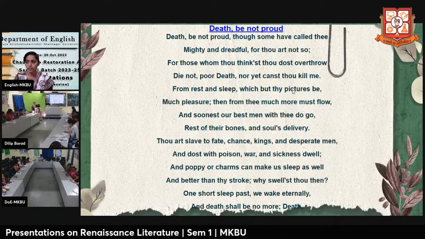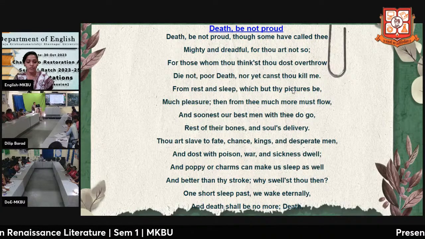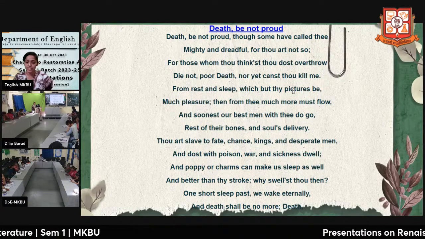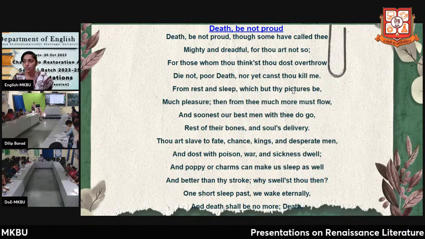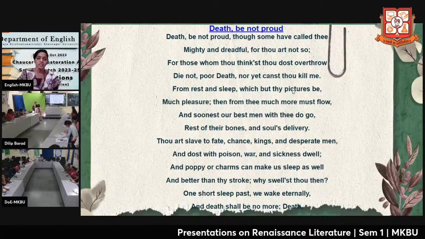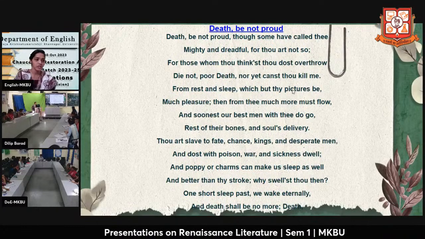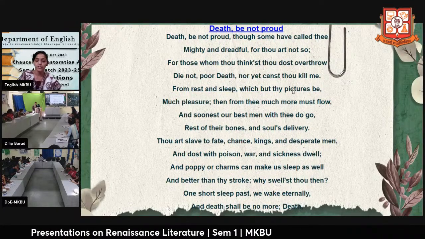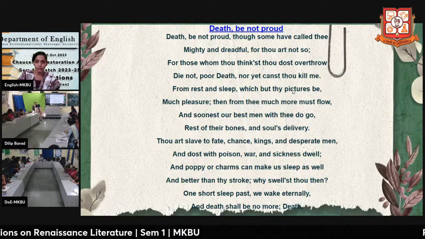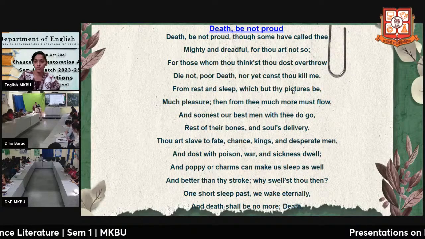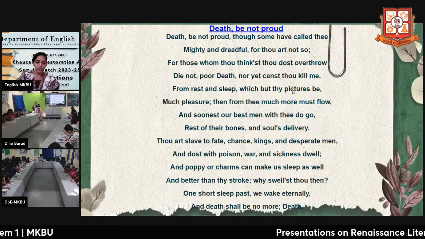Death is just a slave, subservient to chance, kings, and desperate men. The poem ultimately conveys that death is not truly the end of life, but only a slave.